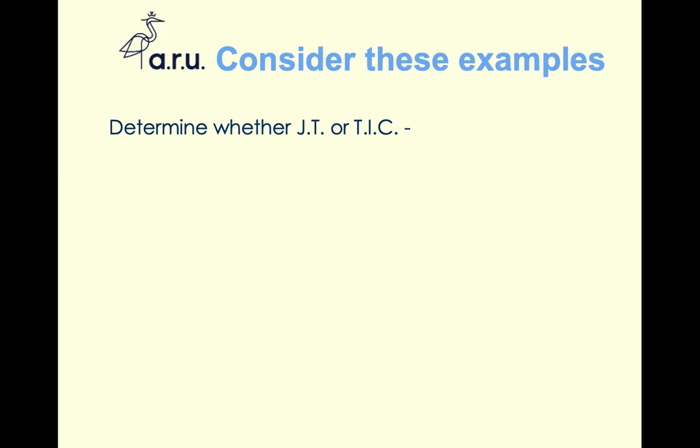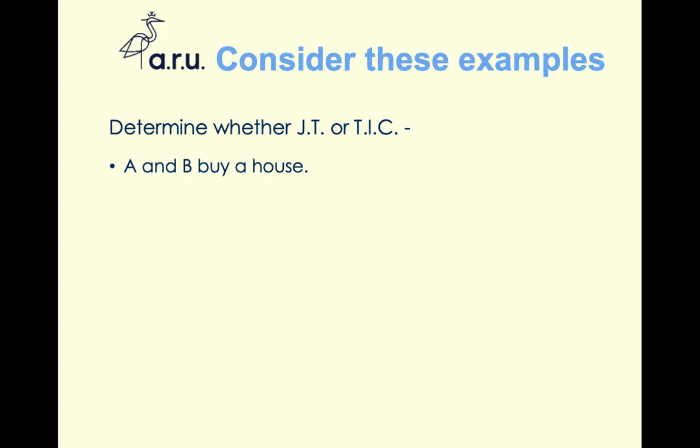Okay, so if we look at this as an example base, and think about whether these people, sorry, that JT should have brackets around it. So let's consider whether they are joint tenants or tenants in common, understanding that all of this is down in equity, not of the legal title. A and B buy a house. So in that scenario, you would definitely have A and B in brackets on the legal title as joint tenants.